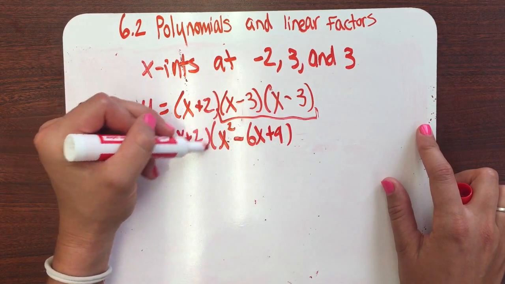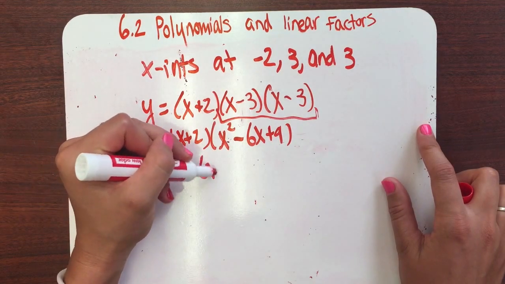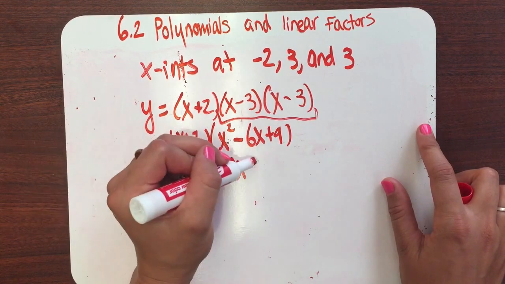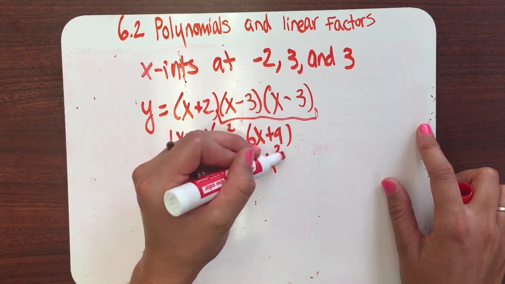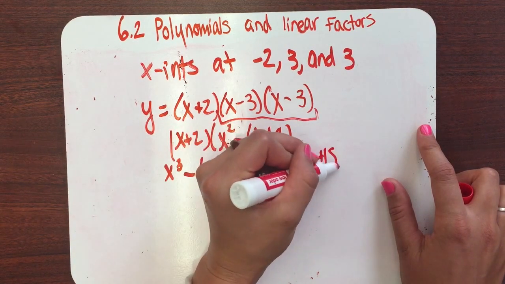We can multiply in the x and get an x cubed minus 6x squared plus 9x. Multiplying in our 2, we have a plus 2x squared minus 12x plus 18.